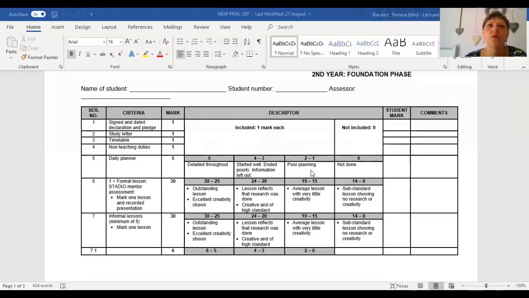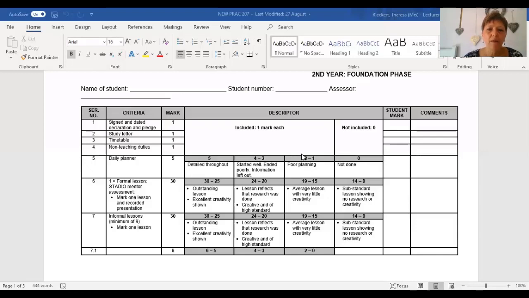So they need to specify and not just write, say, maths counting or just something like that, and then you actually don't really know what they did. It must be clear for you when you read through what the student was up to every minute of the day at the school.